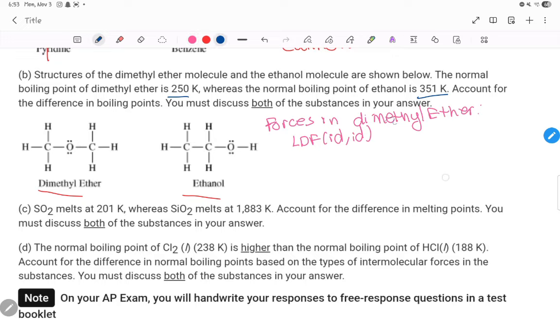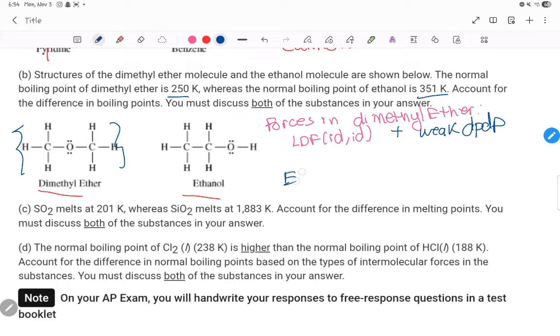Now, the second thing it has is very weak, because this is considered almost non-polar, because it cancels out, but because it has weak dipole, it's a little bit polar. So forces in dimethyl ether: we have LDF, the instantaneous dipole-induced dipole, and it also has weak dipole interactions. This is for dimethyl ether.